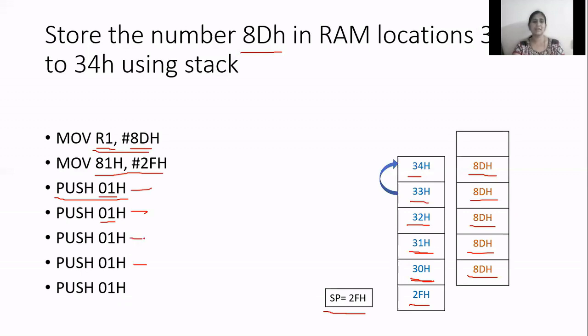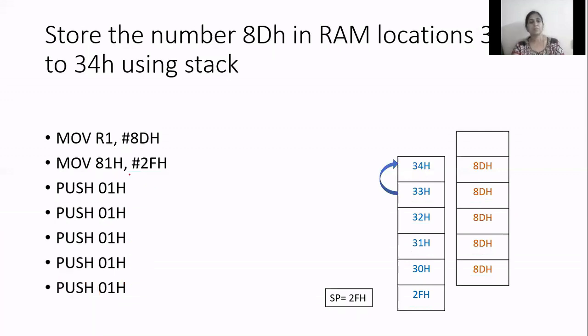You can see that I have done the push operations 5 times. Because your stack has to start from the 30th location, the stack pointer is initialized with 2F, and the first push will increment the stack pointer and then load the data. Likewise, we'll do the 5 push operations and load the data onto the stack.